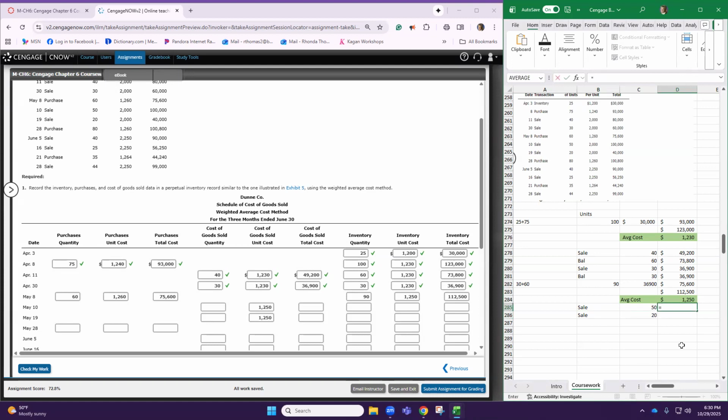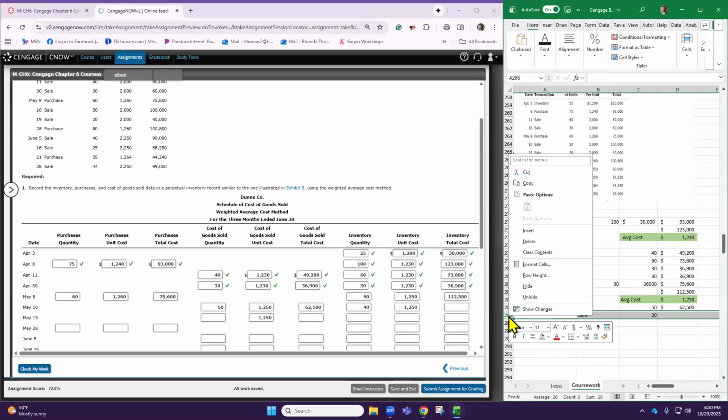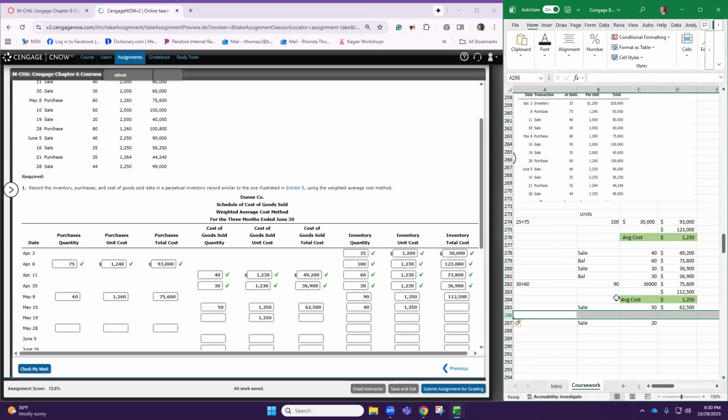All right, so 50 times the new average cost of $12.50 is 62,500. That leaves us with 40 units at a $12.50 cost. So we actually have a balance in between there because this is perpetual.